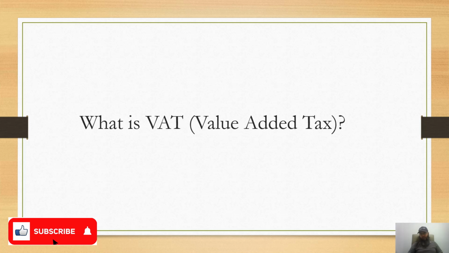The amount of VAT is calculated as a percentage of the price of the goods or services, and it is paid by the seller to the government. However, businesses can deduct the VAT they have paid on their purchases from the VAT they have collected on their sales. So the overall burden of VAT is not on the business, it is borne by the final consumer. We will see later how this works.